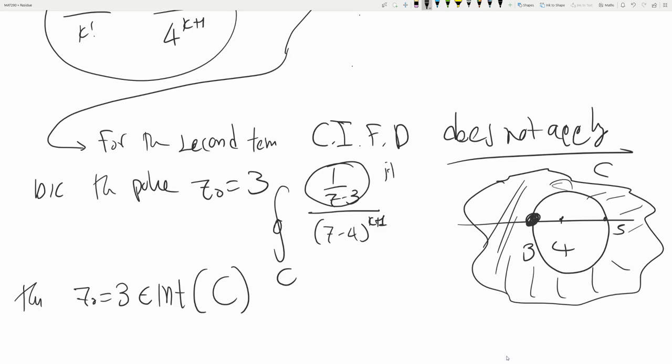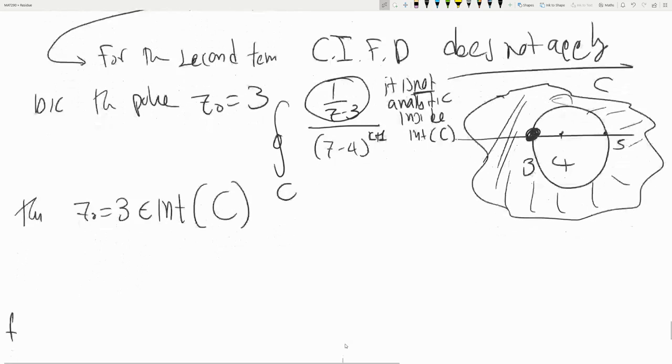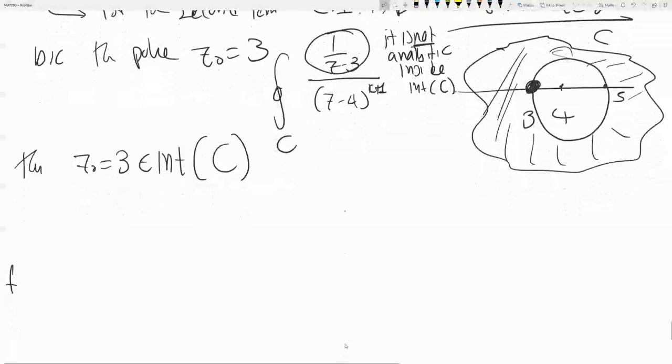So it is not analytic inside the interior of C. Okay, so what do we do? Well, in this case, all we can do is follow the approach from the book.